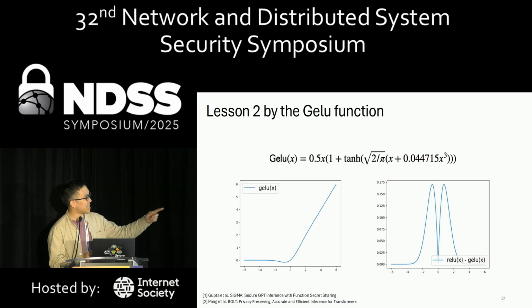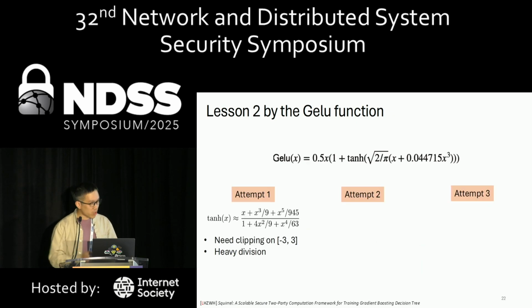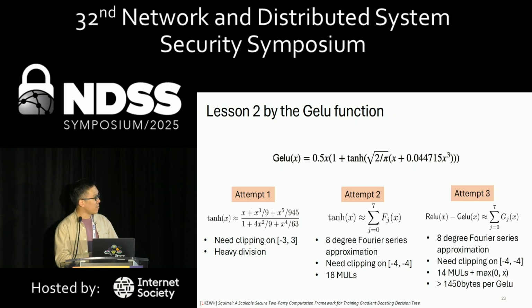It's almost the same. And we tried many attempts, like numerically approximating the hyperbolic tangent, but that requires the input to lie in a proper range, so we have to do the clipping. And the division here is really expensive. We also tried a Fourier series approximation of the hyperbolic tangent.